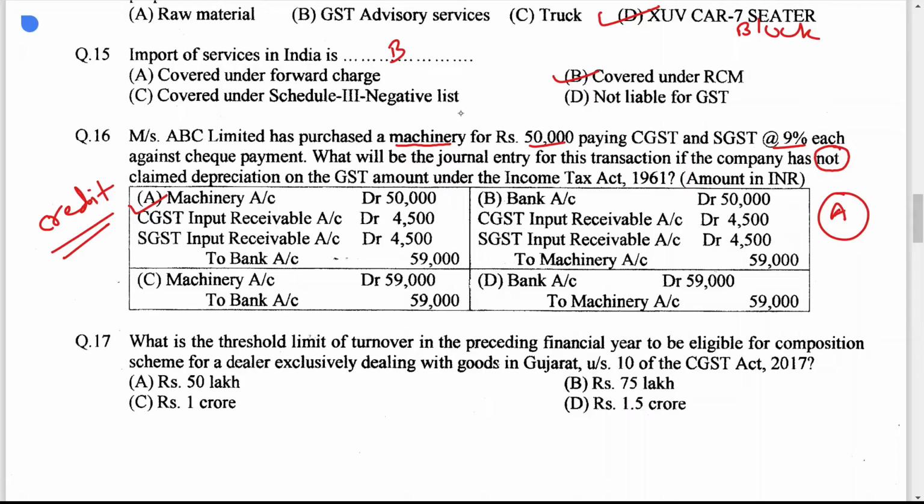And so this is the answer. A and B are same, just the difference is what? Here bank is debited and machinery is credited, and that is the wrong thing, because what is the rule in accounts? For any asset, real account, debit what comes in and credit what goes out. Here machinery is coming into the business, so machinery will be debited. So that is the simple rule for A to be eligible as the answer.